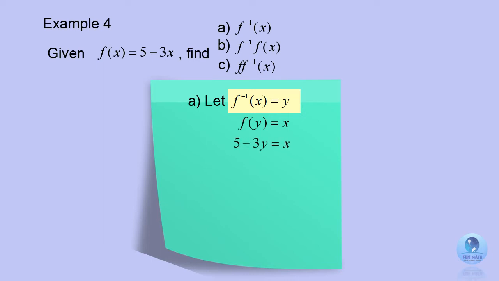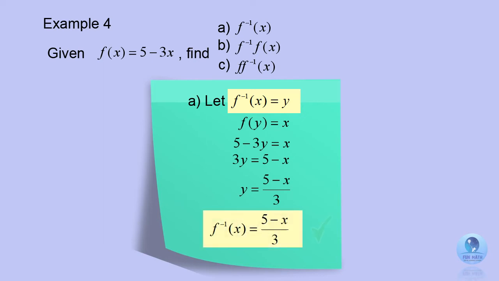Substitute y into the function f of x: 5 minus 3y equals x. So y equals (5 minus x) divided by 3. Remember to write your final answer as f inverse of x equals (5 minus x) divided by 3.